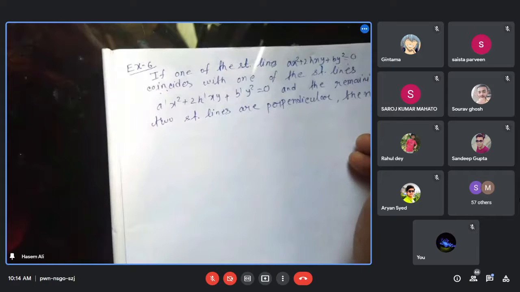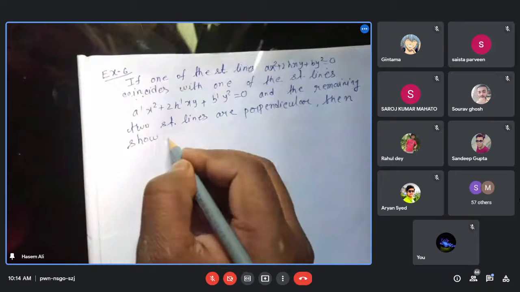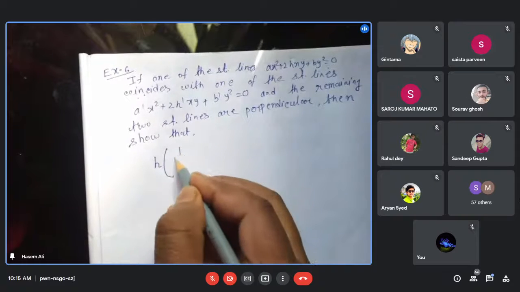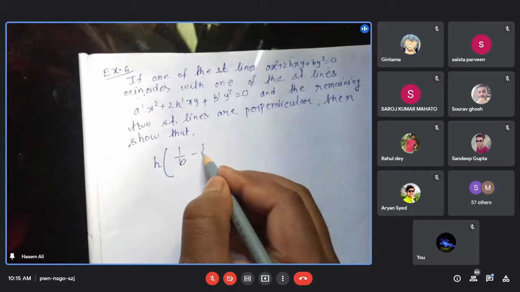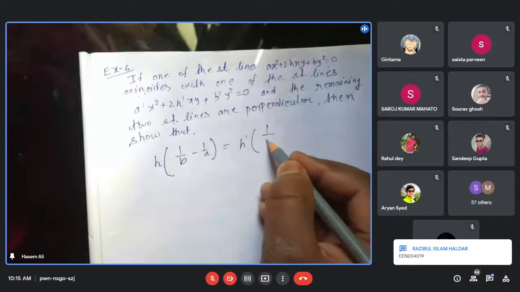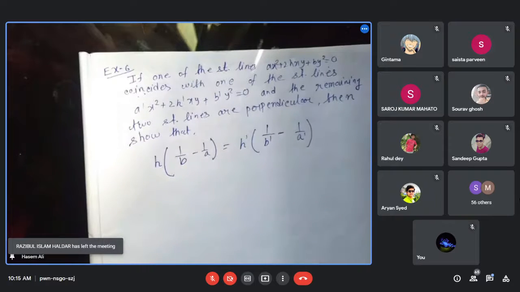Then show that h into 1 by b minus 1 by a equals to h dash into 1 by b dash minus 1 by a dash.